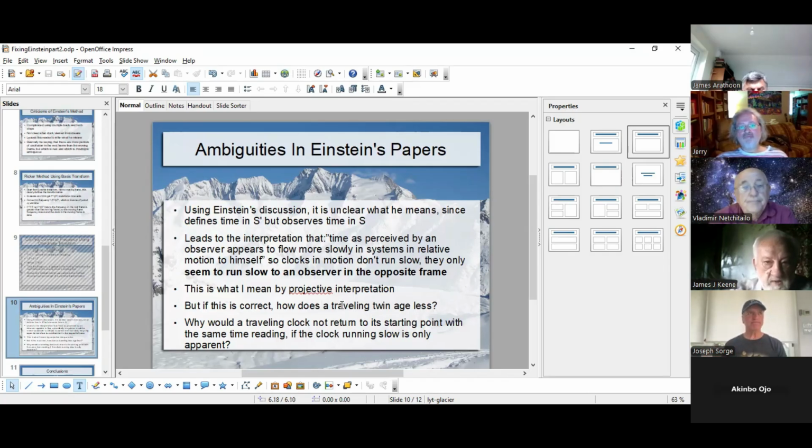So if you're not confused by now, hopefully we can clarify some of this stuff. The other part was in his example where he has the clock traveling around and coming back to its starting point in his 1905 paper. He says the clock reads behind what it should have read with the clock that didn't move.